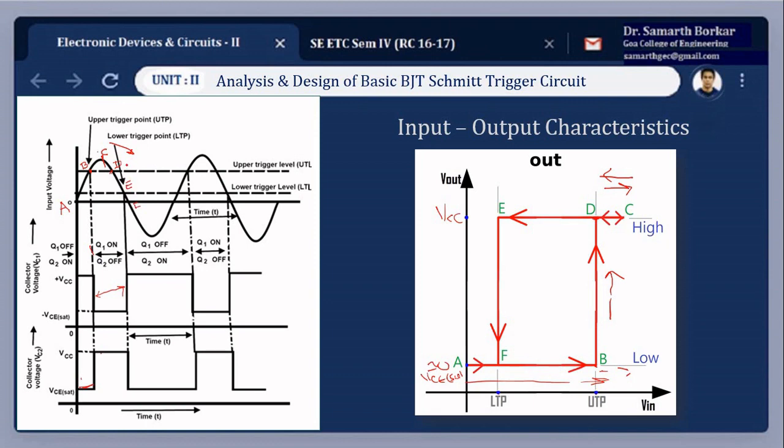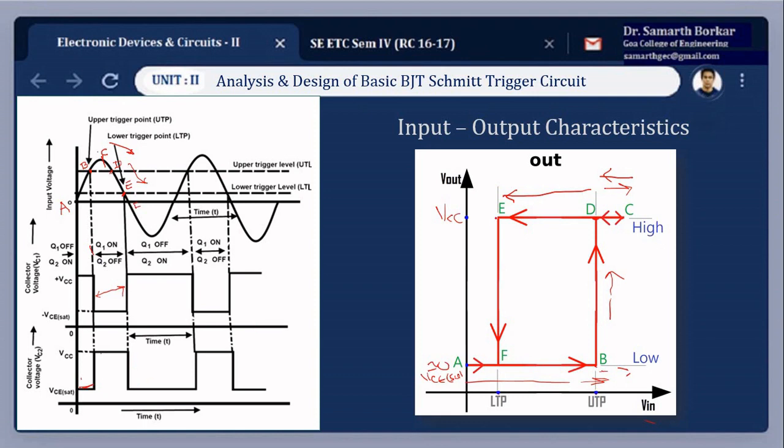Now the input signal reduces from D to E. So with respect to Vin, you can make out the input signal drops down from D to E, and at this position at E there is a change in the output. There's a transition, so it moves from high to low.